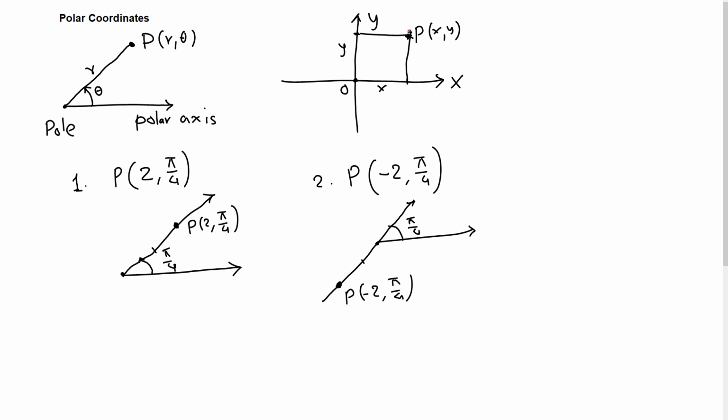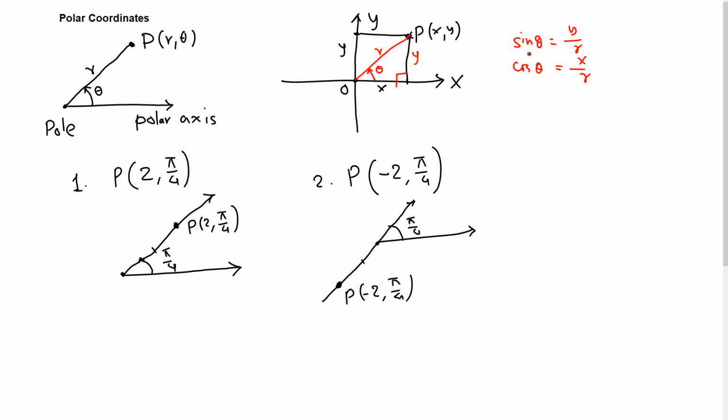To find x and y, if r and theta are given, this is the point, so this would be r and this would be theta, and this is a right triangle. As we know, sine theta is y over r, and cosine theta is x over r.